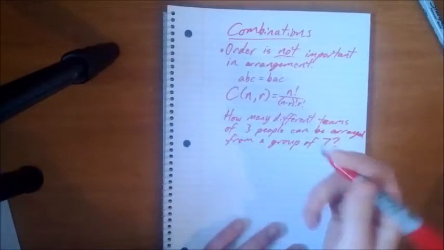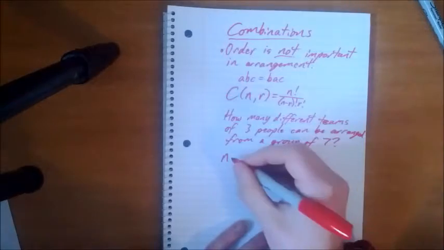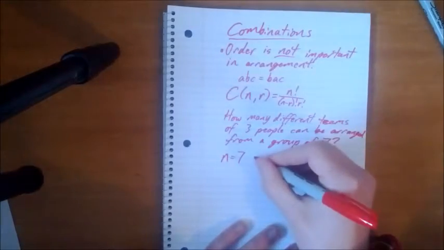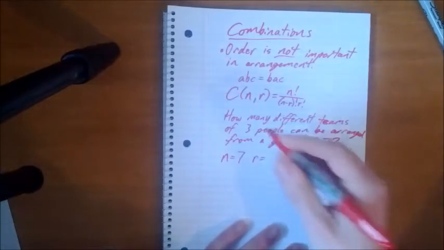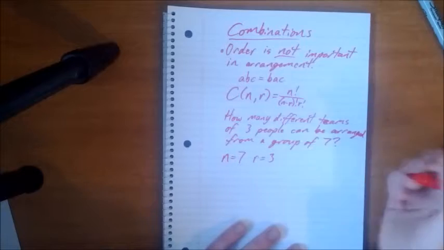Our number that we have selection from, or n, the bigger number, is 7. And r, the number of spots open in the group or team, is 3.